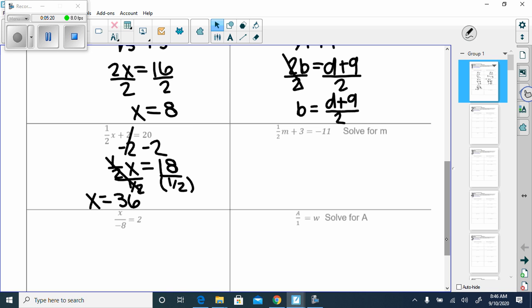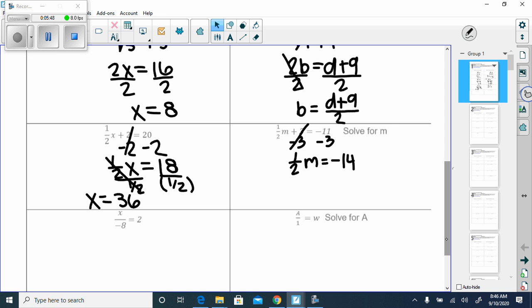So same idea over here. What do I need to do first? So I've got 1/2 m equals, what do we get when we subtract? Good. Alright.